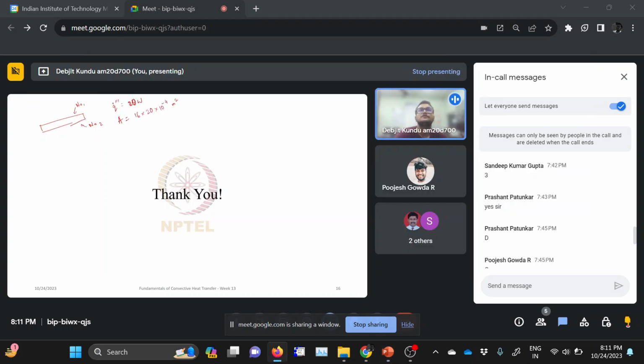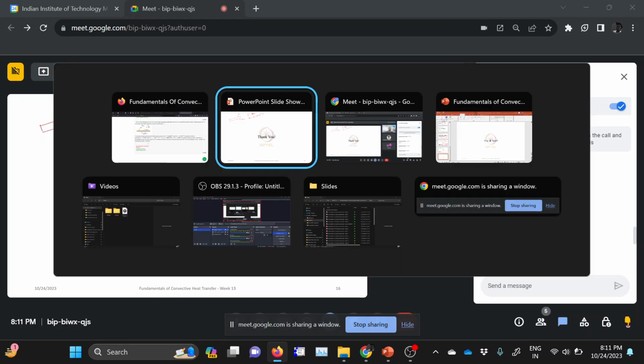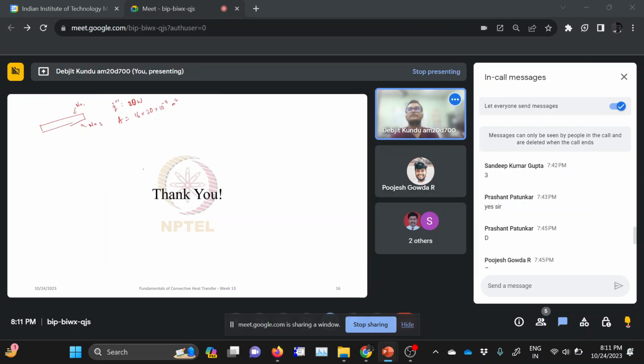And what else is given? The Nusselt number formula is given for both cases. For the top one, it's 0.54 Ra to the power 0.25, and for the bottom it's 0.27 Ra to the power 0.25. So Nusselt number 1 is 0.54 into Rayleigh number to the power 1 by 4, which is 0.25, and the bottom one is 0.27 into Rayleigh to the power 1 by 4.